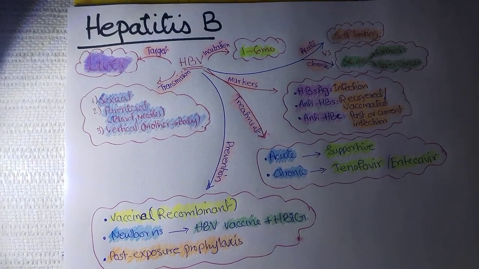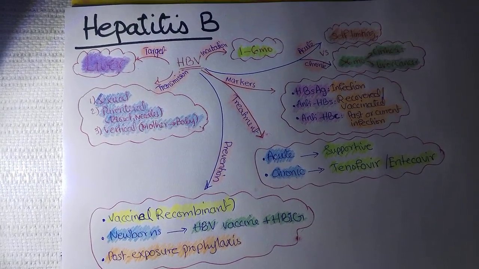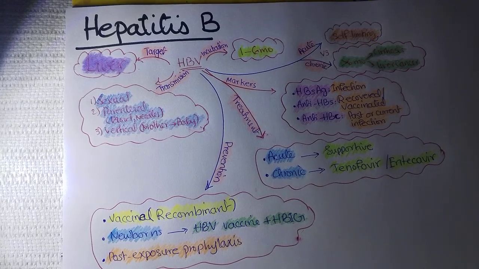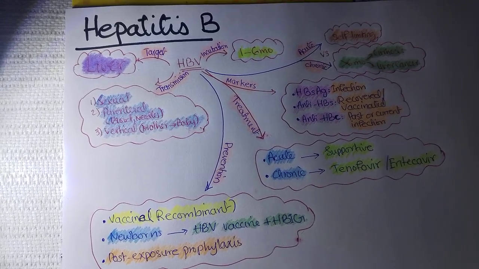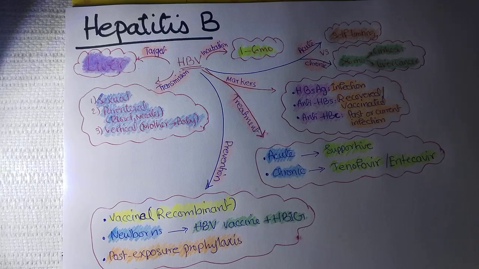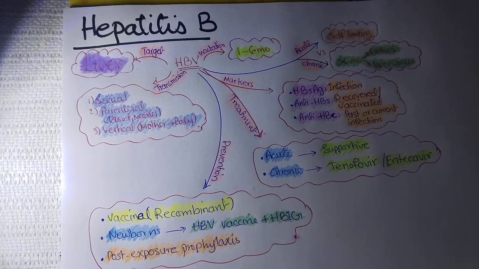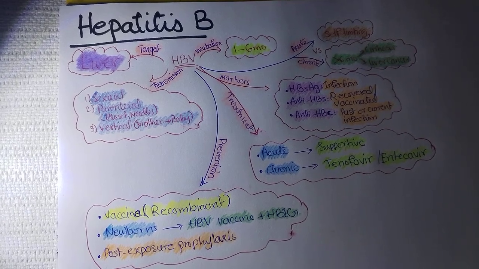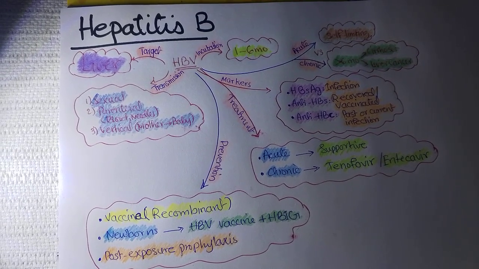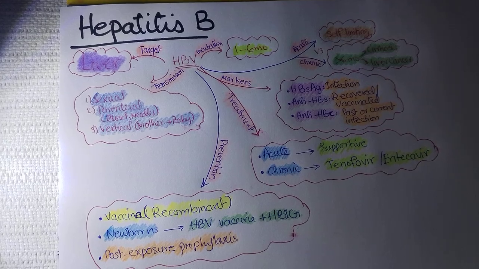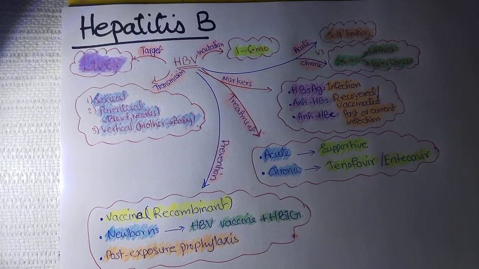So if surface antigen stays positive for more than 6 months, it indicates chronic hepatitis B. We also check viral load and ALT for liver inflammation.